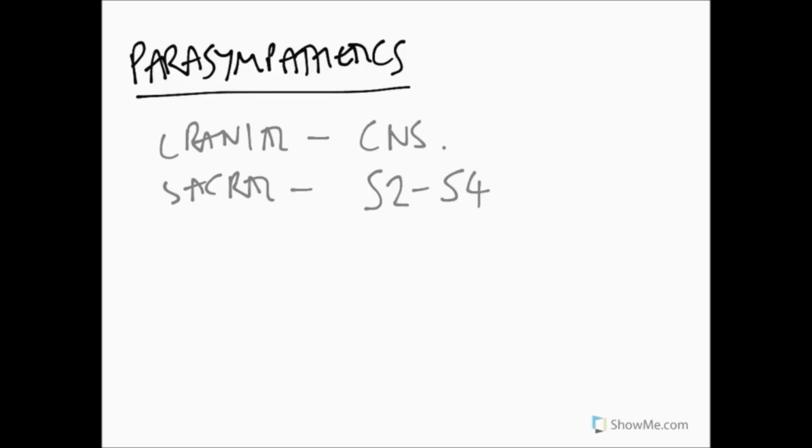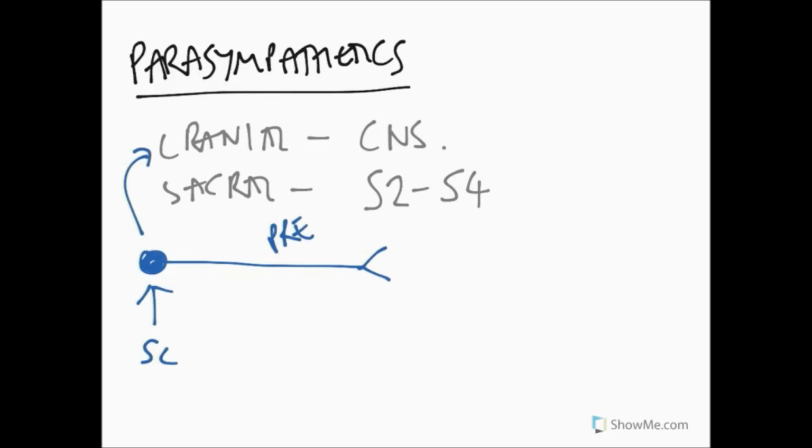So we must remember that when we draw our preganglionic neuron here, we'll draw it in blue, this cell body is still in the spinal cord, but it has to be somewhere either in the cranial portion or the sacral portion of the spinal cord.